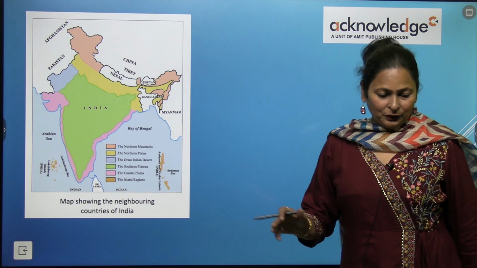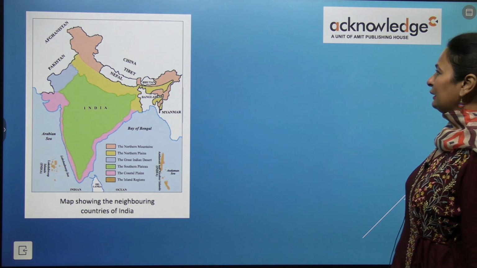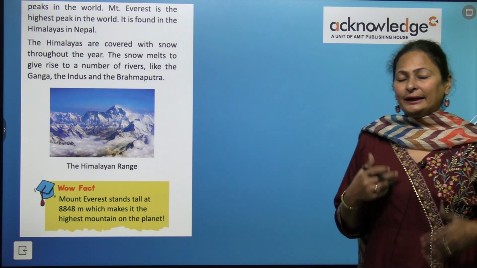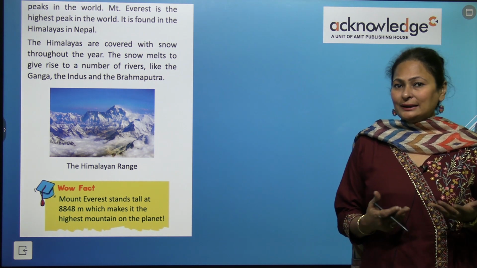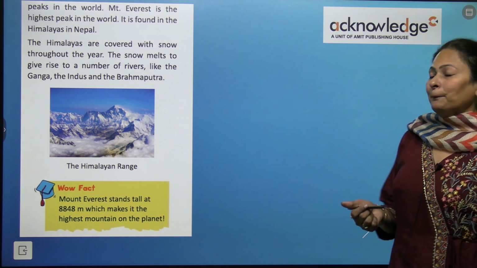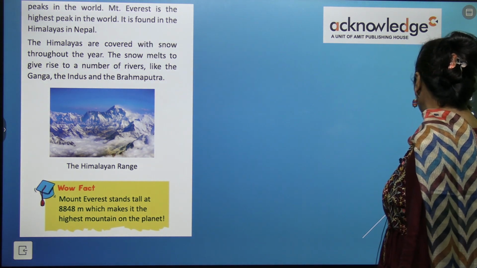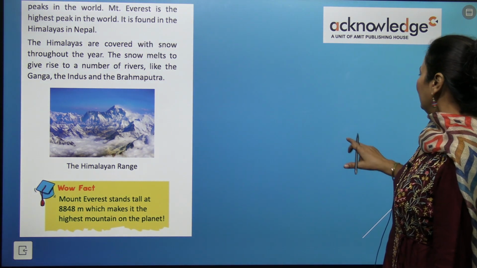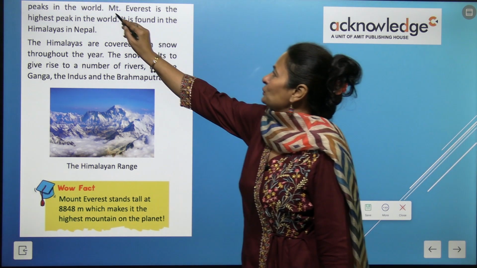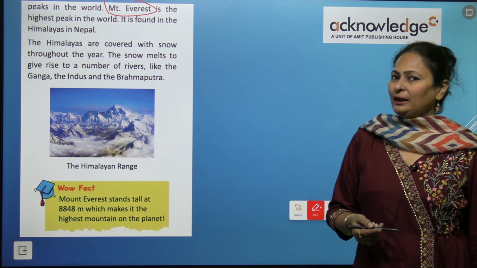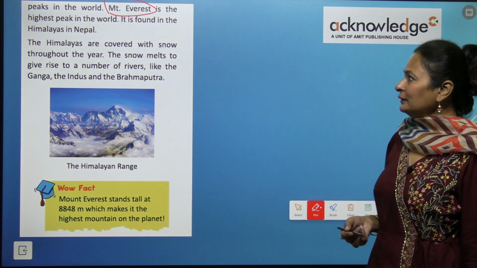We will look into the map later on. First, we will complete this. The Himalayas have the highest peak in the world. Mount Everest is the highest peak in the world. Remember this. This is the highest peak on planet Earth.